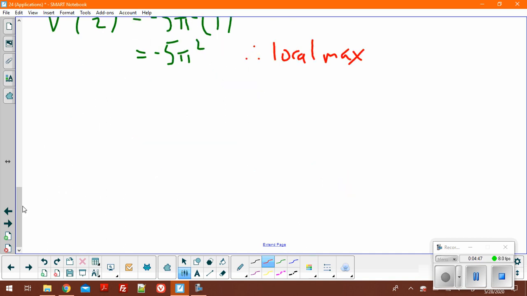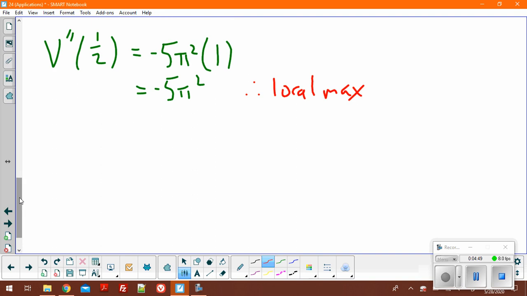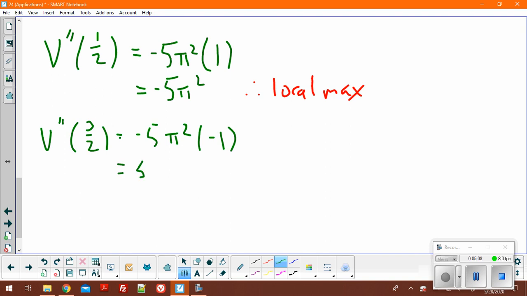Similarly, if I do v double prime of 3 pi over 2, that would be negative 5 pi squared times sine of 3 pi over 2, which when I sub it in would be negative 1. So I get positive 5 pi squared. That means my function is concave up in this region, so therefore these ones are the local mins.